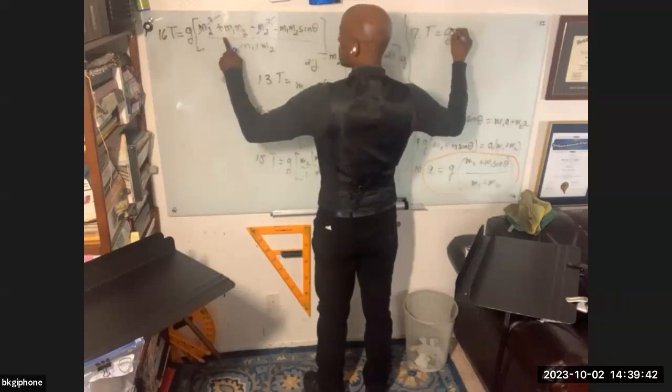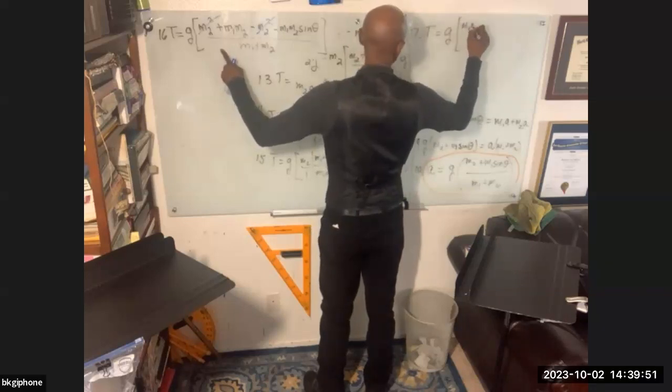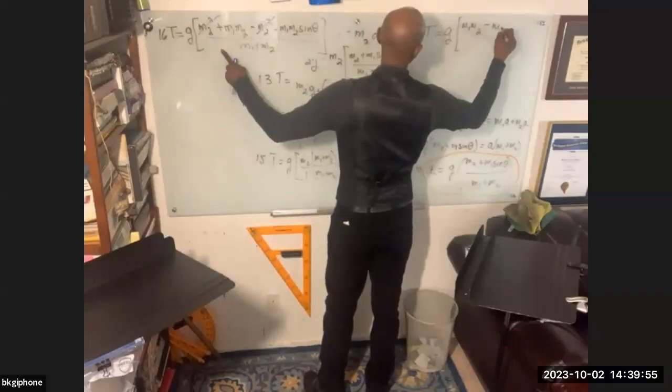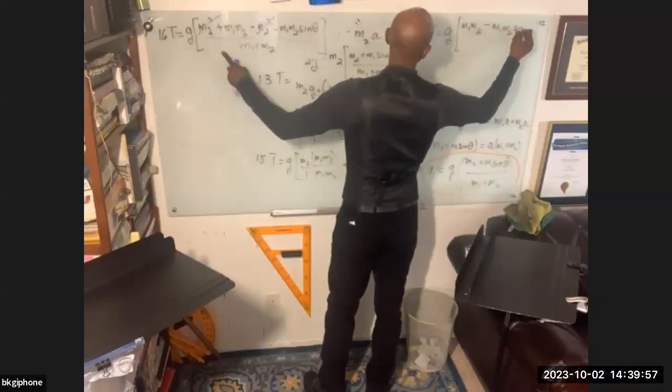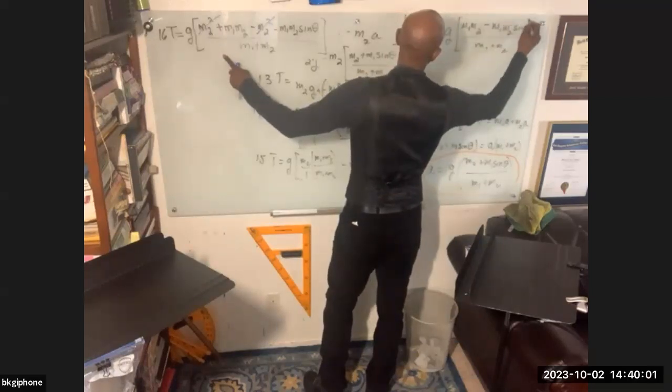And so that's m1 m2 minus m1 m2 sine theta over m1 plus m2.